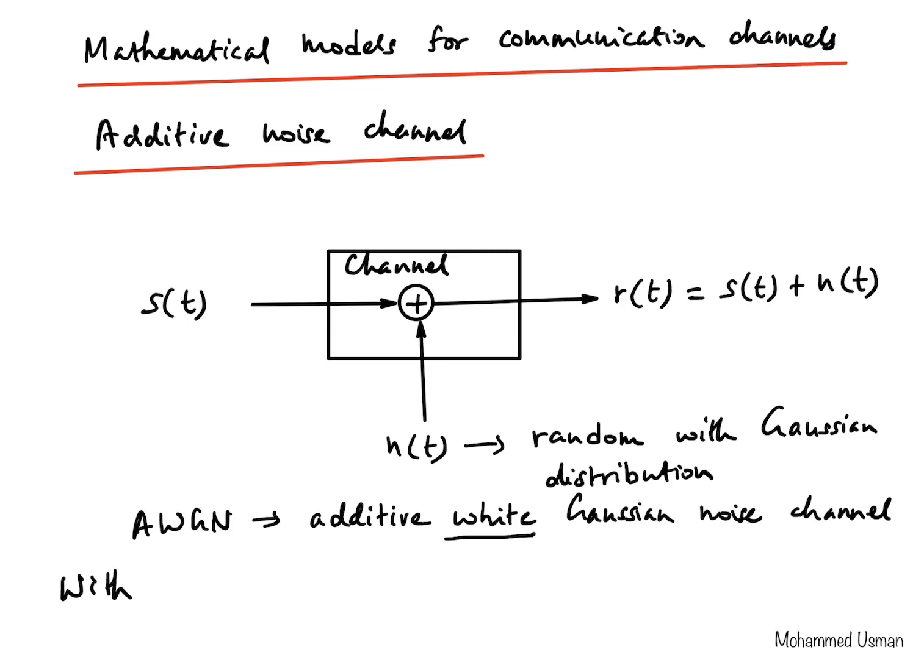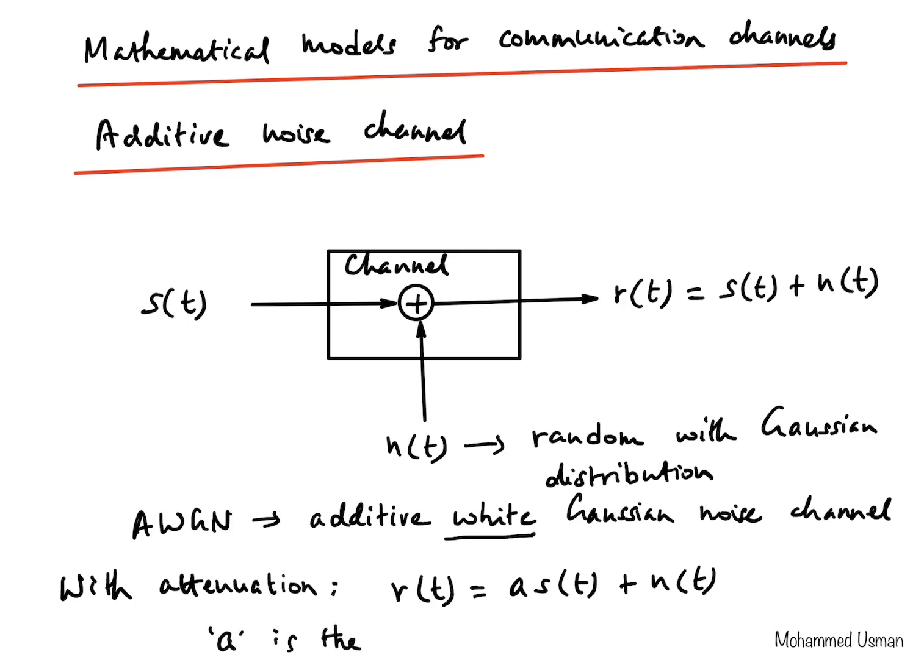So with attenuation, we can write this model as R of t equals A times S of t plus the noise N of t. Okay, so it's additive noise, and we have included the attenuation factor A here. So A is the attenuation factor of the channel.